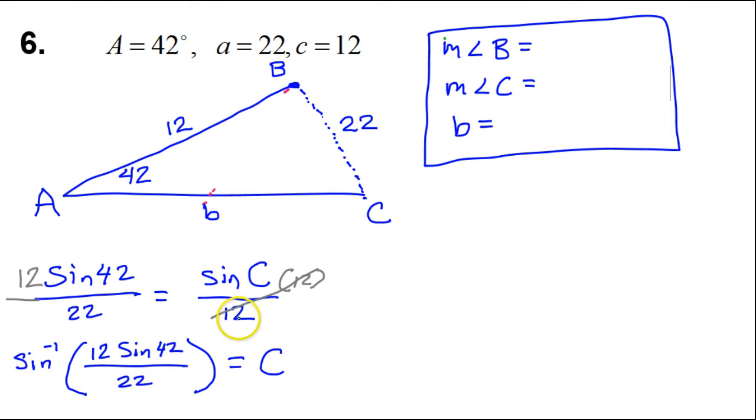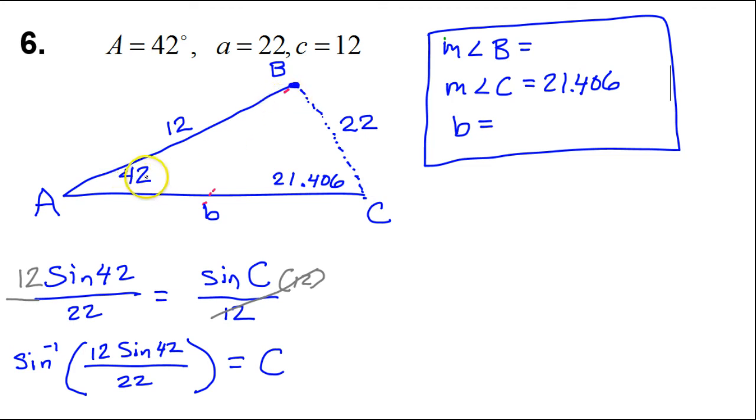So I got 21.406 degrees for angle C. I have two angles, so I can easily find the third by subtracting from 180.